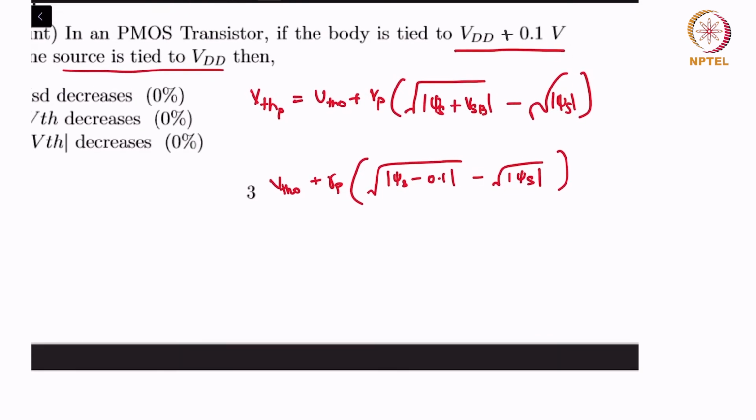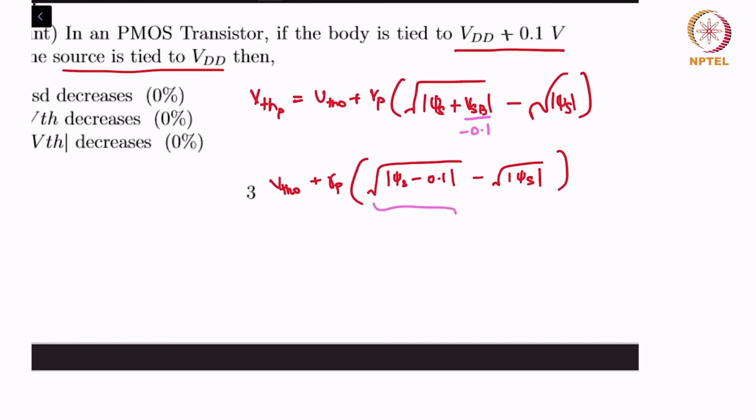In this case VSB is minus 0.1 because VS is VDD and VB is VDD plus 0.1, so that VDD cancels and it's just minus 0.1 volts.